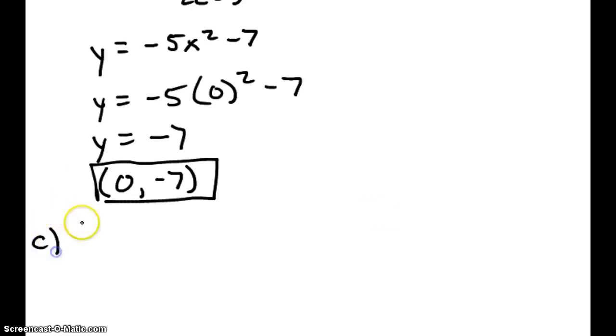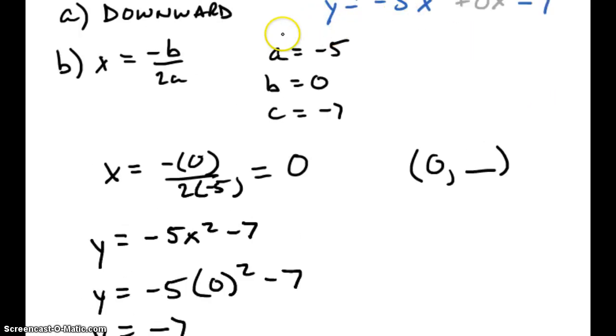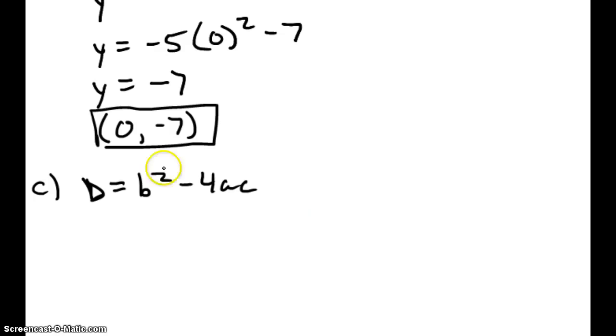Now for part C, we're supposed to find the discriminant. D is equal to b squared minus 4ac. I go back up and I'm going to grab these coefficients again, negative 5, 0, negative 7.